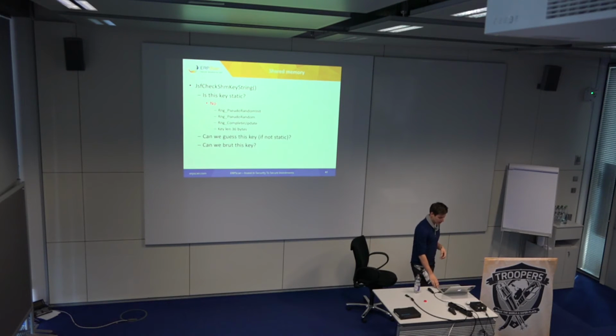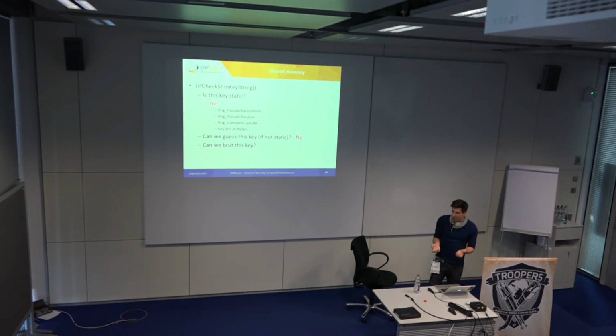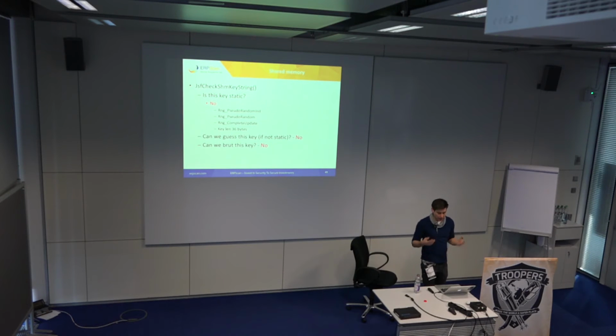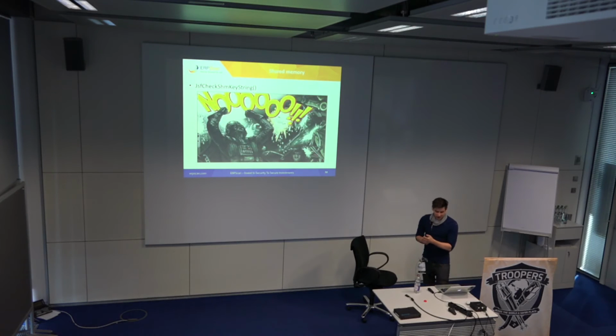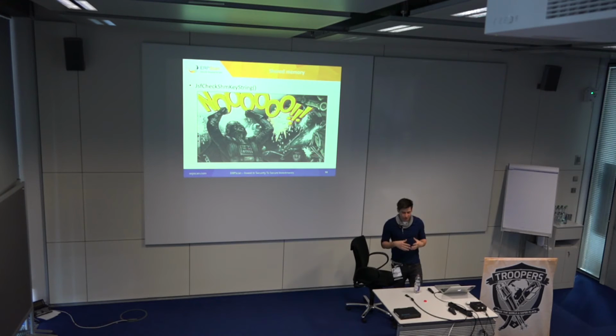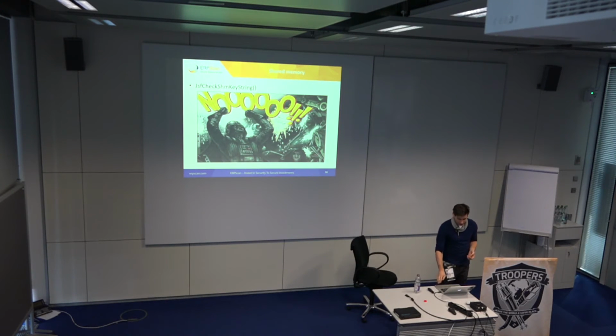We cannot guess this key because it is pretty long, and we cannot brute force this key because it's pretty random. So it looks like the GSF check SHM key string function is pretty secure, and we cannot get the password for these two hard-coded usernames, and it looks like the game is over.